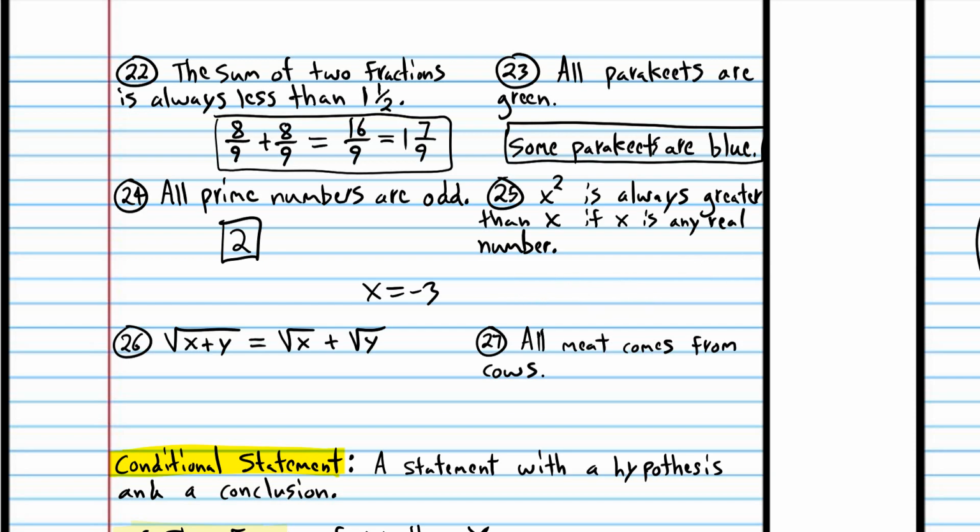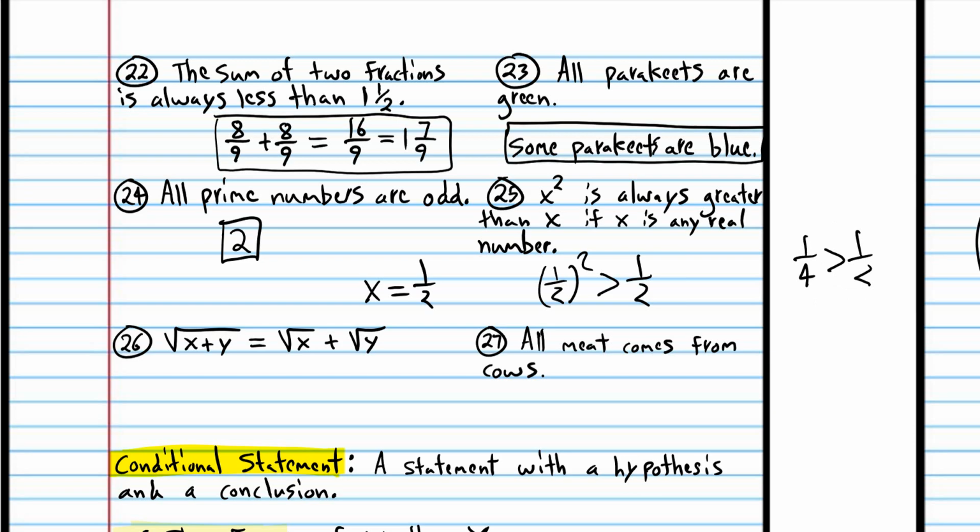So let's see here. What about a fraction? What if x equals 1/2? And we're going to find out that that's the ticket right there. X equals 1/2. So 1/2 squared, let's see if that's greater than 1/2. If you square 1/2, you get 1/4, and 1/4 is not greater than 1/2.